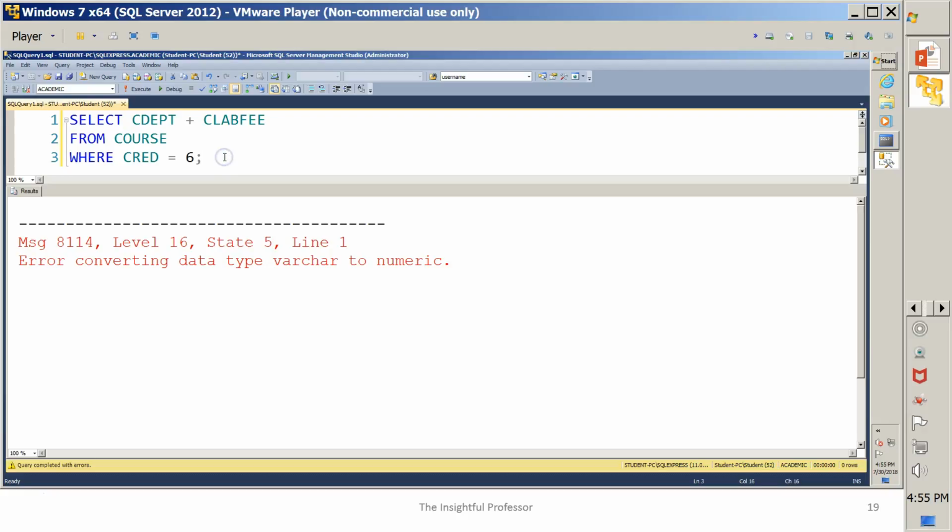But here it says I'm trying to take your character, make it a number so that I can interpret this as addition. This operation of plus is overloaded. It has 2 different definitions. It serves to do both concatenation and it serves to do addition. The context, that is the nature of the operands, determines how the system's going to interpret it. If both of the operands are numbers, it will do addition.